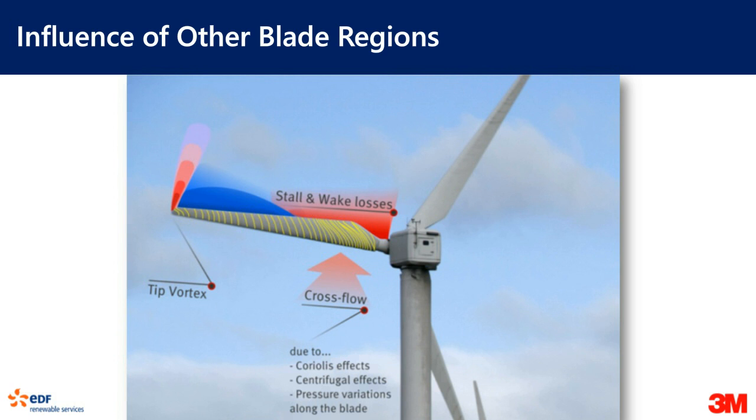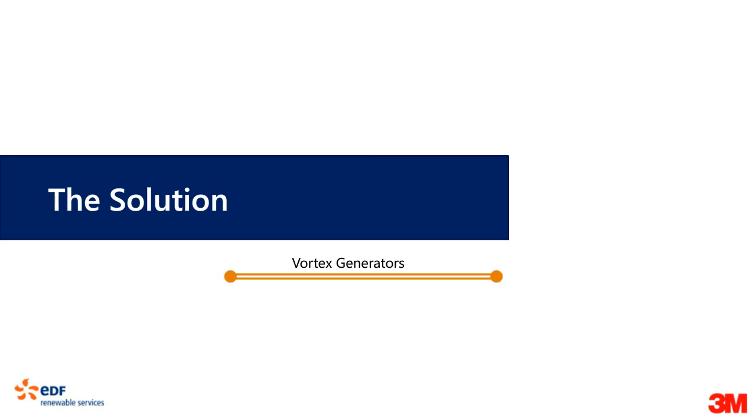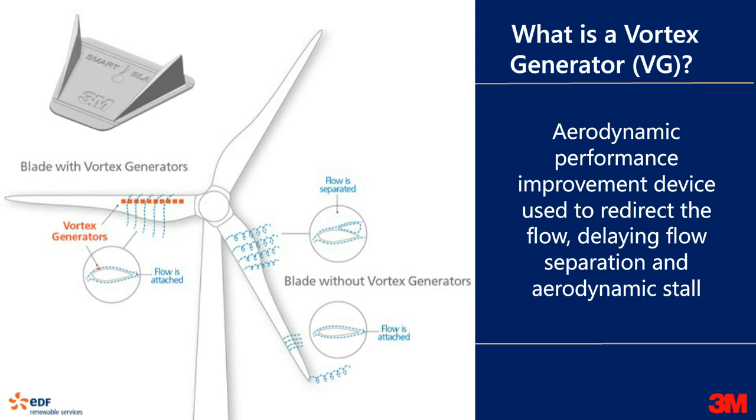So the solution, how do we know, what do we do? One of the solutions is vortex generators. So what is a vortex generator? I think most people on the call already know it, but just to recap, a vortex generator is an improvement device to redirect the flow and delay the stall, or to optimize the aerodynamic profile of the blade by reducing the separation.